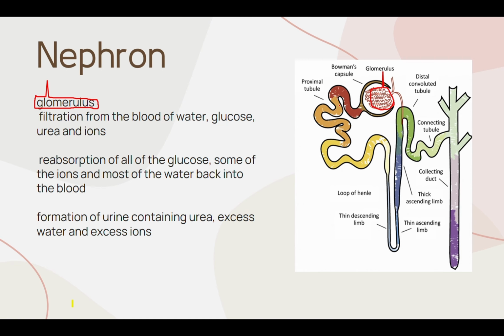So the glomerulus is this, let's say, tube that is inside your nephron, which contains very tiny holes. These tiny holes filter the blood. So the job of the glomerulus is filtration from blood of water, glucose, urea, and ions.